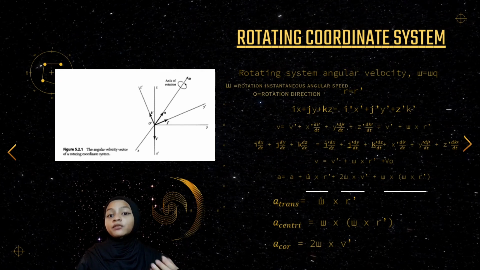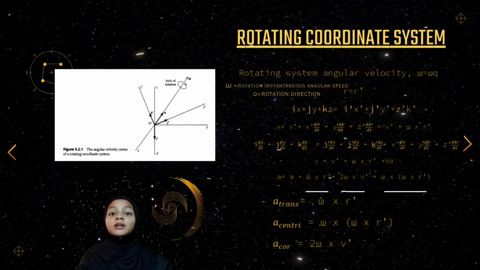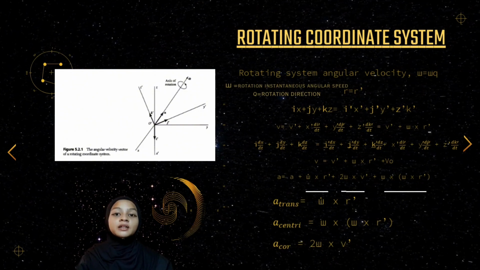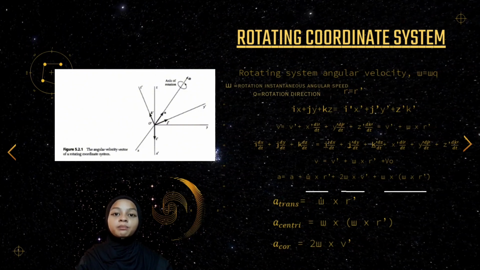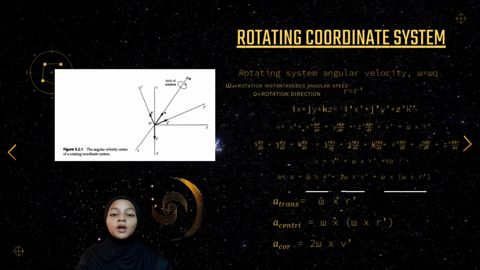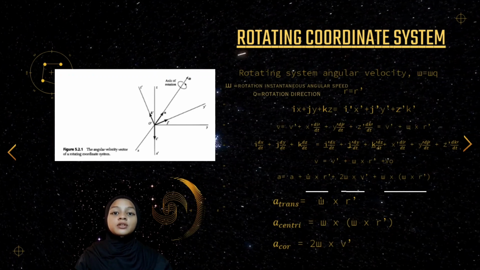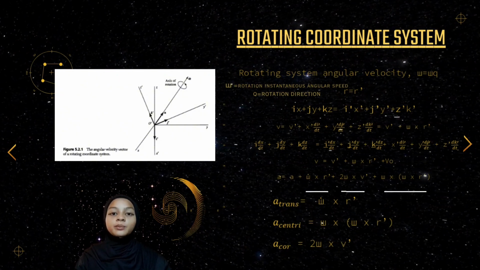But before we can differentiate it to find velocity, i prime, j prime, and k prime are not constant, thus there exists x prime di prime over dt plus y prime dj prime over dt plus z prime dk prime over dt, or it can also be known as the velocity due to rotation of the prime coordinate system, omega cross r prime.